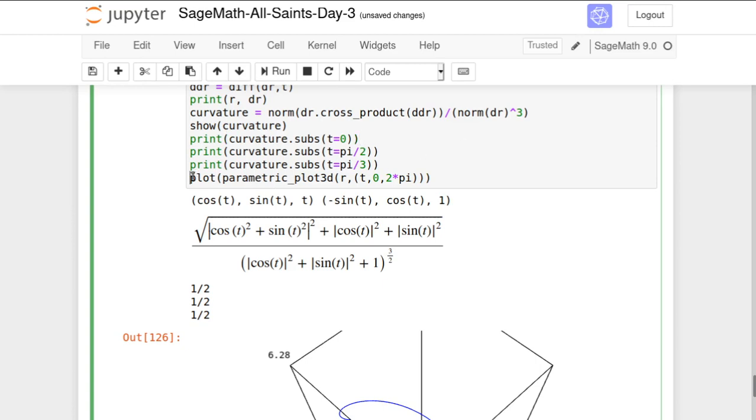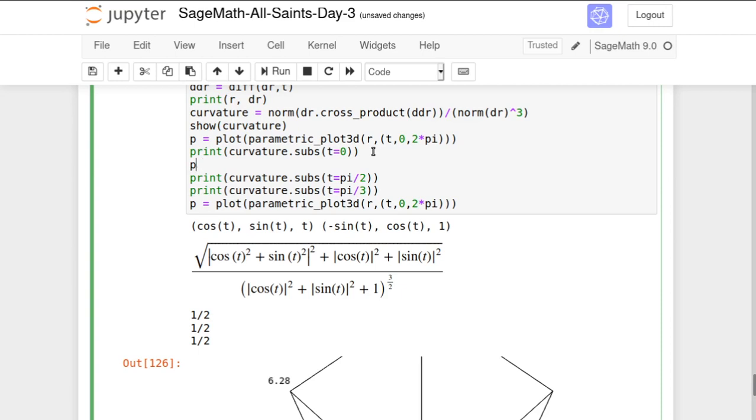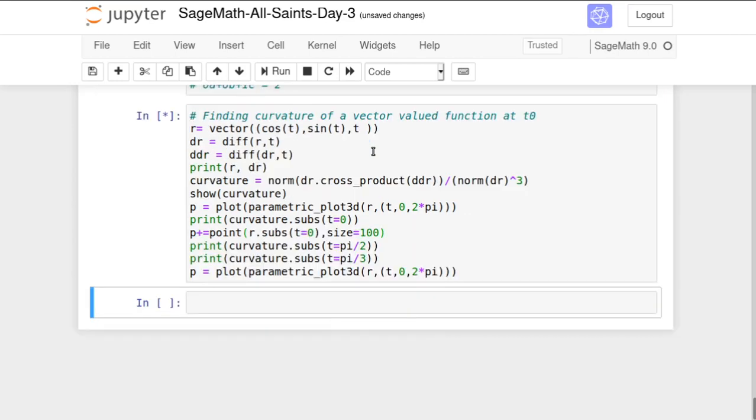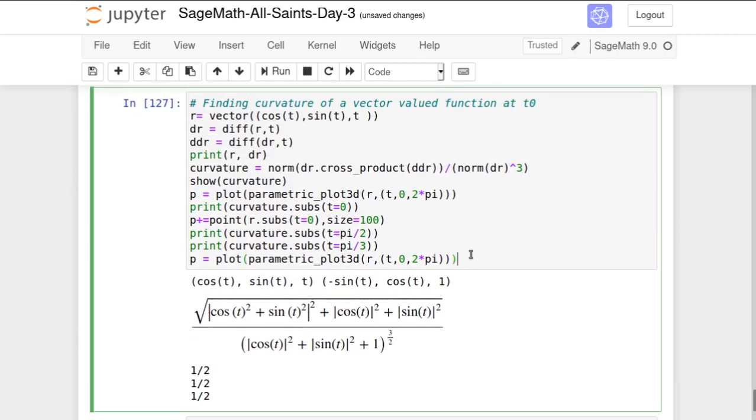So this is P. P is this. We will add the point corresponding to R dot substitute t equal to 0, and maybe the size we will make it something large. Oh, we didn't ask to show.